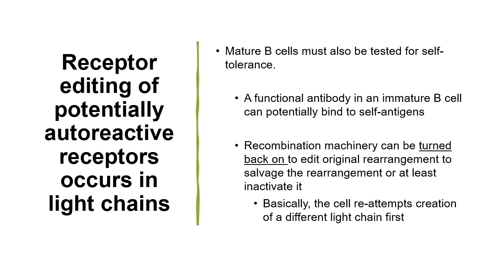But you've also got to test these cells for self-tolerance. That is, the ability to not react against your own tissues. So if your B cell does bind to self-tissues in the bone marrow or in the spleen, this recombination machinery can be turned back on to try and edit the original arrangement to salvage it and make it into a non-reactive B cell receptor, or to at least inactivate it so that it doesn't go on and continue to cause problems.